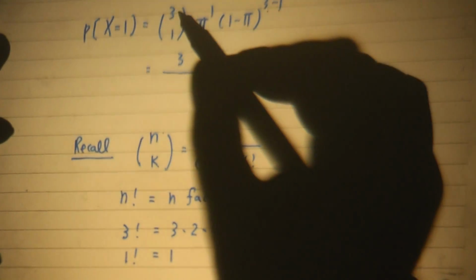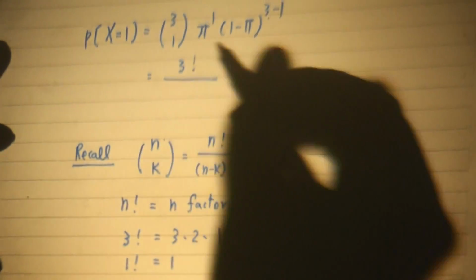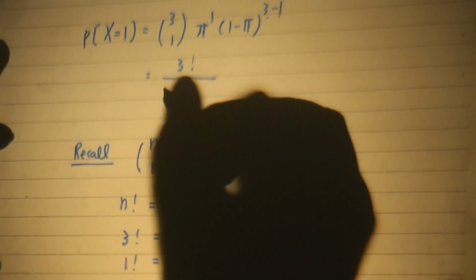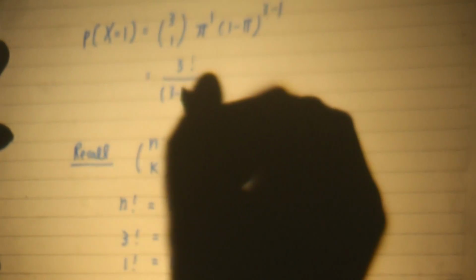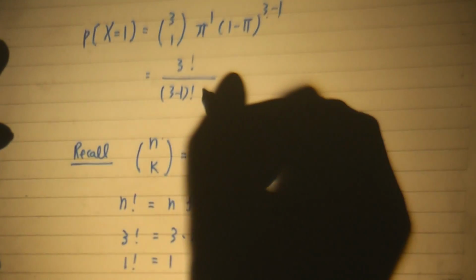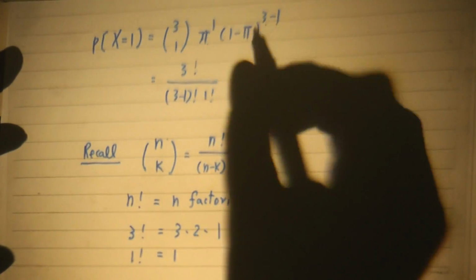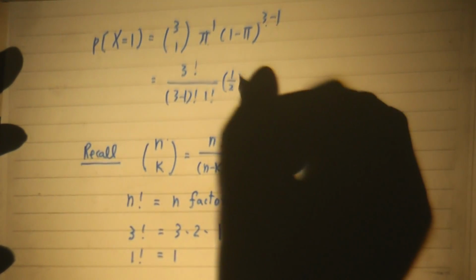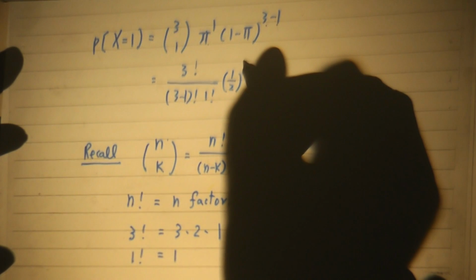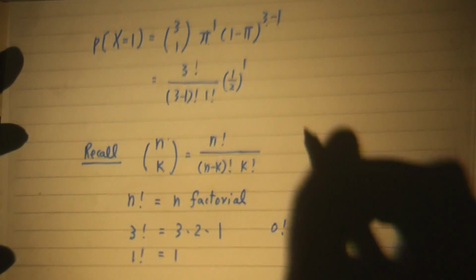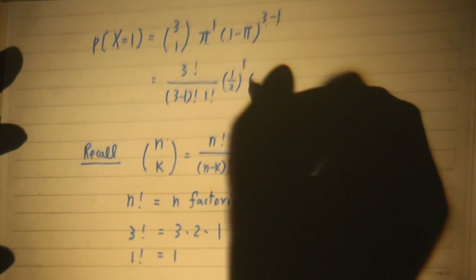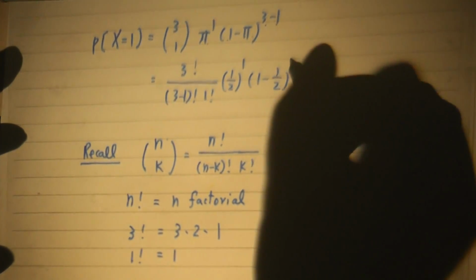Okay? So 3 choose 1 is 3 factorial over 3 minus 1 factorial, and then over 1 factorial. Pi in our case is 1 over 2 because it's the fair coin, to the power 1, and this is 1 minus 1 over 2 to the power 2.